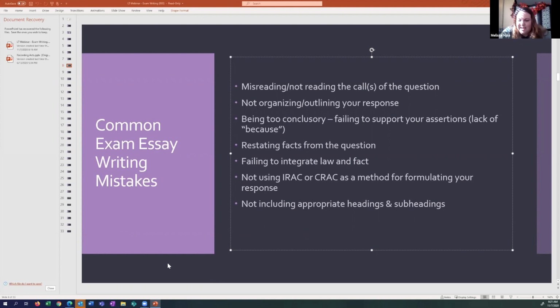The biggest mistake I see, and we're going to talk more about this in further slides, because a lot of exam writing is the analysis and how to do this properly, is students assuming that something's obvious, right? So when Tanya says, when Bob hit Jim, that was a battery, students look at that as very obvious.